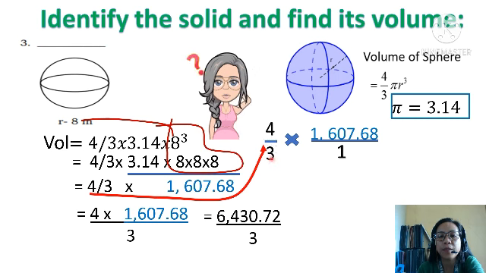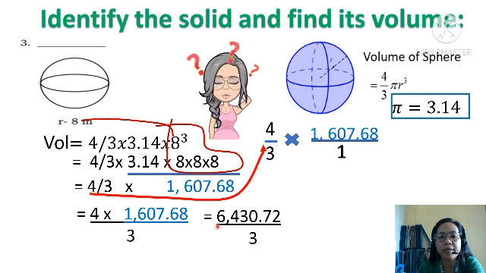Now, 3 times 1 equals 3. Ngayon, dahil nawala na yung fraction, nagiging whole number na itong nasa itaas, yung iyong numerator. So, pwede na nating ma-divide siya sa iyong denominator na 3.